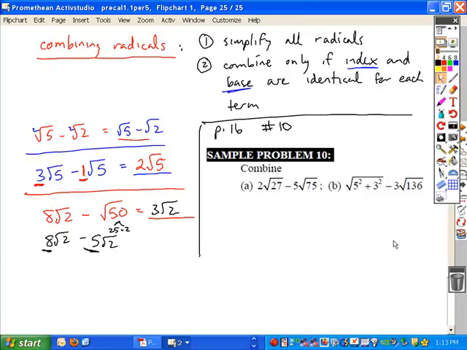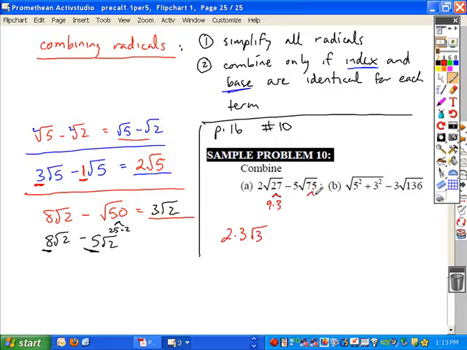All right, if you're looking to combine the first pair of terms, are they like terms right away? No, so we need to simplify first. Are there any perfect square factors you can remove from 27? 9 times 3, so you have this factor of 2. The square root of 9 comes out as a 3, and this factor of 3 stays inside the radical.